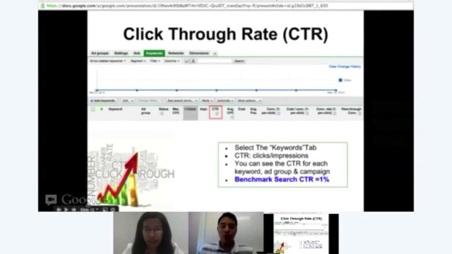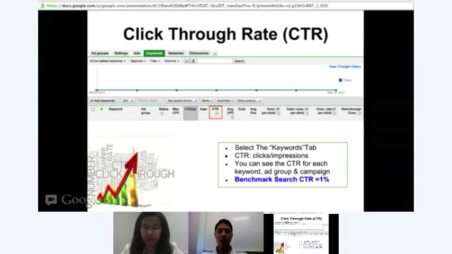Yep, and then just to go into a little bit more about click-through rate, since that's one of the most important metrics to measure how your campaigns are doing. In order to see your click-through rate, if you hop into your AdWords account, in the middle row of gray tabs, you click on keywords.